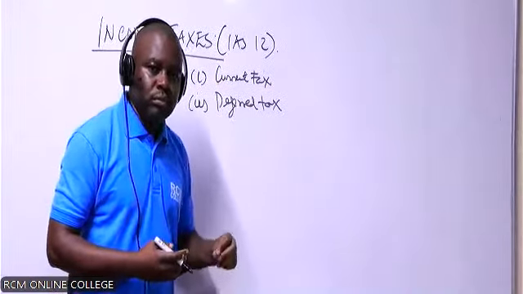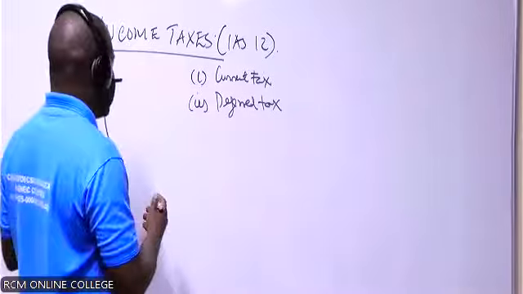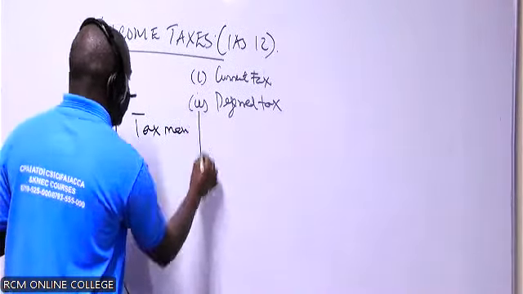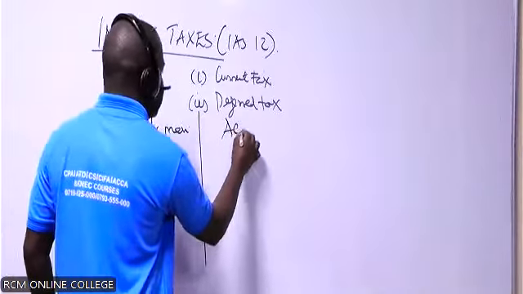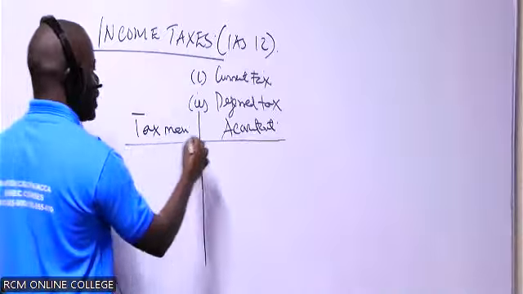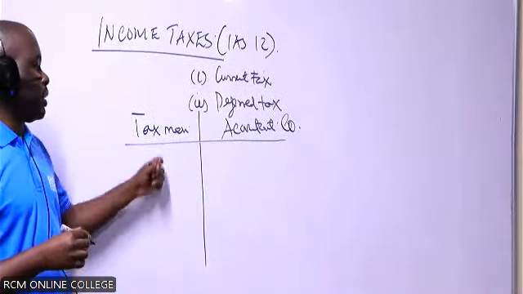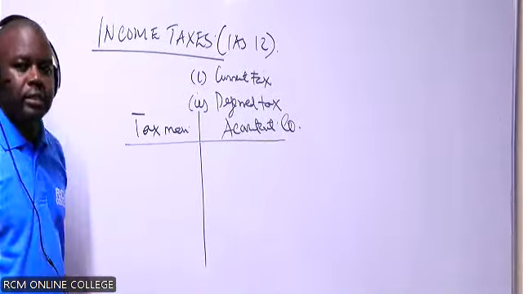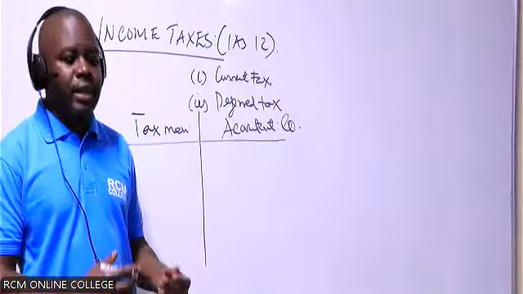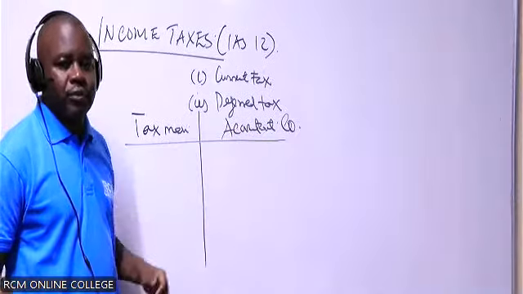But now, according to IAS number 12, there are 2 people here. There's the taxman, who is KRA, who determines how much you'll end up having to pay as taxes. And then there's that accountant in the company who's preparing the books of accounts.